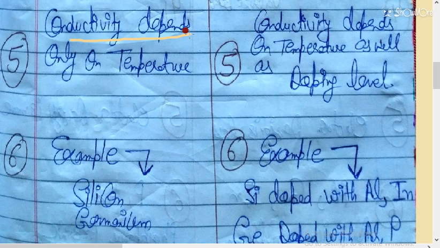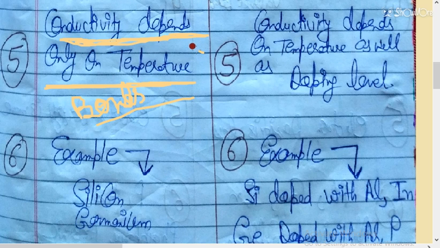Conductivity is depending on the temperature because only bonds are there na. So bonds will break on increase in temperature. जब temperature increase करेंगे then energy मिलेगी, so then bonds will break.